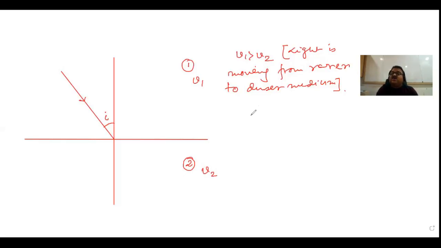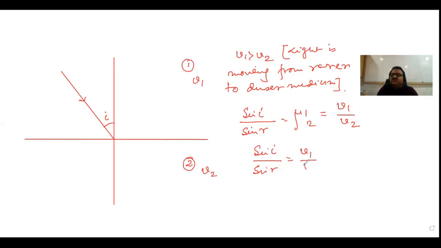I'm going to write Snell's law: sine i by sine r is equal to, as I said, the definition of the relative refractive index mu12, if you remember it, which is v1 by v2. So sine i by sine r is equal to v1 by v2.